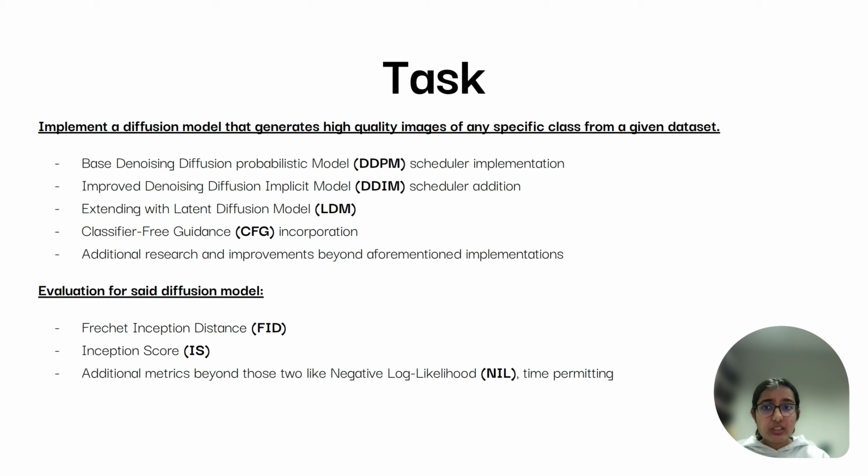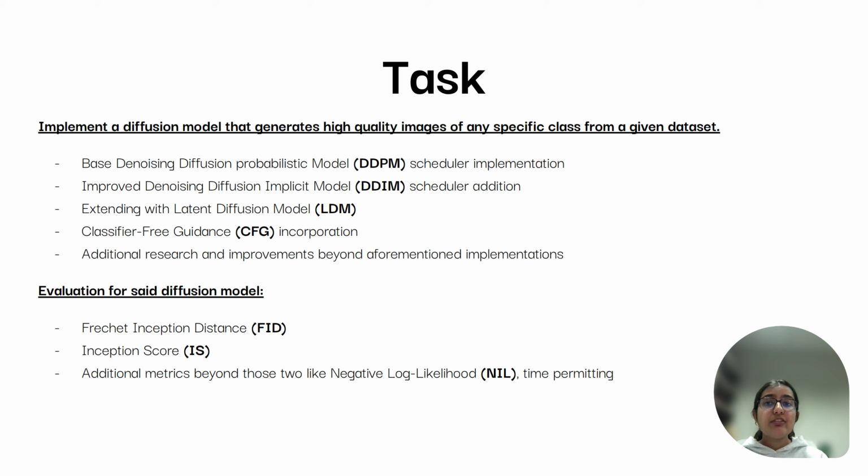Our base implementation was a denoising diffusion probabilistic model, which was completed for our midterm report. After that, we improved it by adding a DDIM scheduler. This was then extended with a latent diffusion model, or the variational autoencoder implementation. Then we incorporated classifier free guidance to better guide what images are being generated.